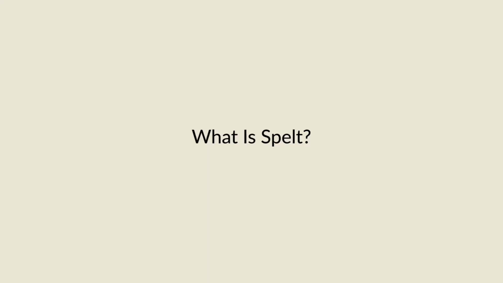So in order to easily understand what spelt is and what makes it different from modern wheat, we need to first explain what ancient grains are and what modern wheat is. Wheat is a member of the grass family, and thanks to cross-pollination, different varieties of wheat exist. This cross-pollination, also known as hybridization, is a natural process, and this is how we get the ancient wheat grains, einkorn, emmer, spelt, and kamut, and they have been around for thousands of years.